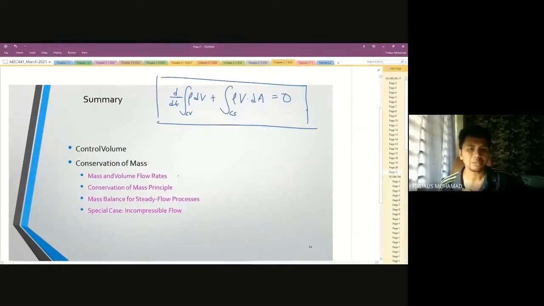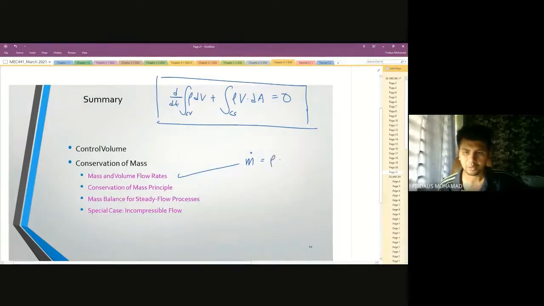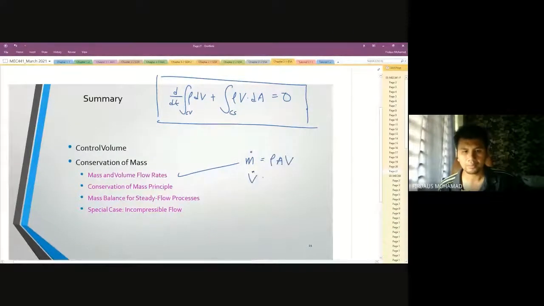Okay, so mass and volume flow rate. Mass flow rate macam mana? m dot equal to rho AV. V dot equal to AV. Okay, mass balance for steady flow process. Yang tadilah mass balance for steady flow process.